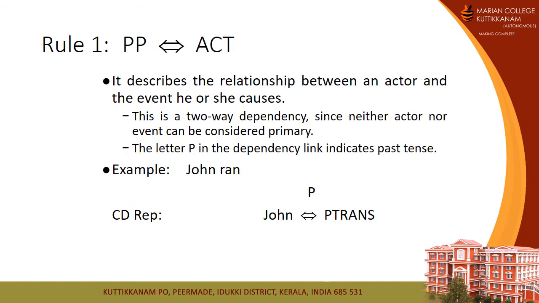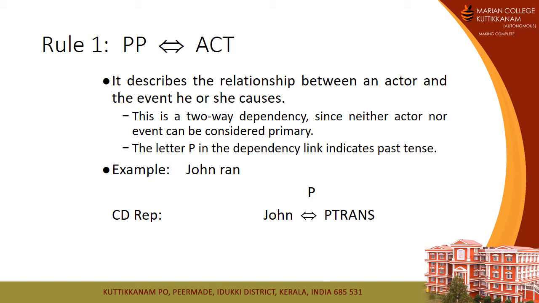Then there is a set of rules used for a conceptual graph. The first rule is PP double arrow ACT. It describes the relationship between an actor and the event he or she causes. This is a two-way dependency since neither actor nor event can be considered primary. The letter P on the dependency link indicates the past tense. So this is an example.